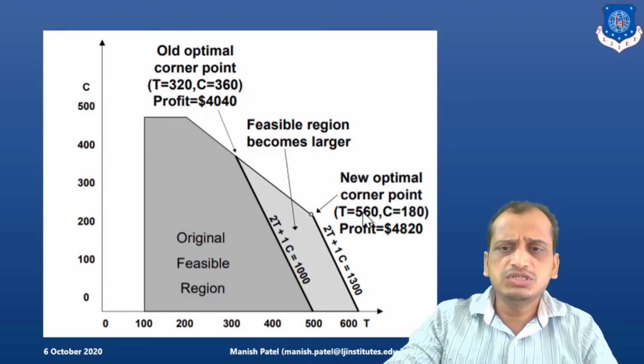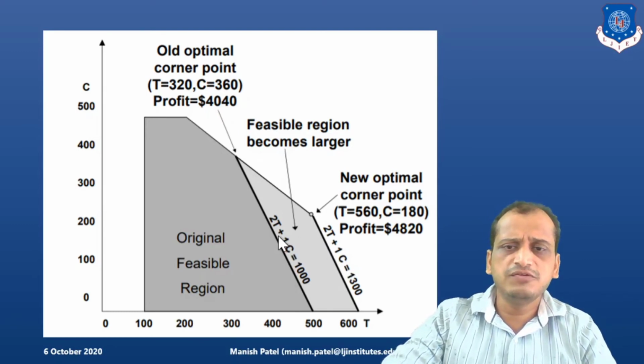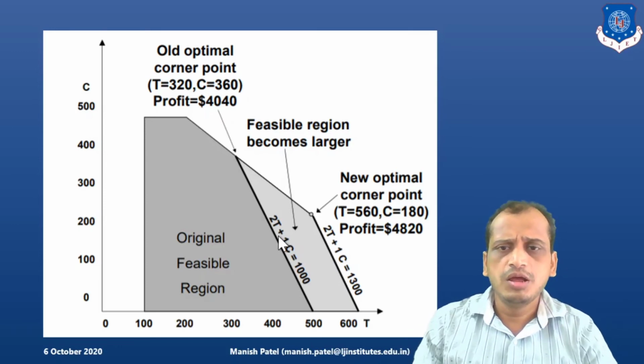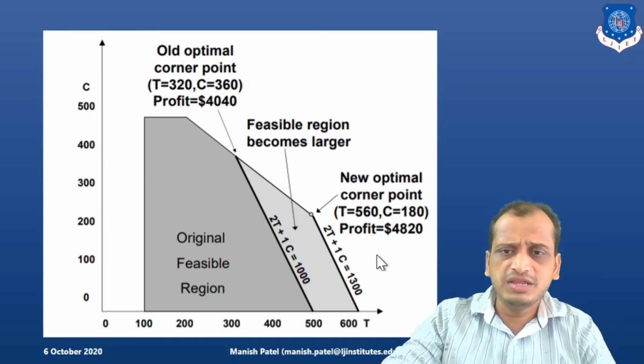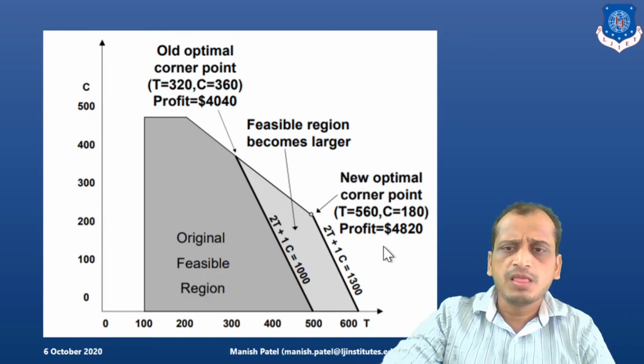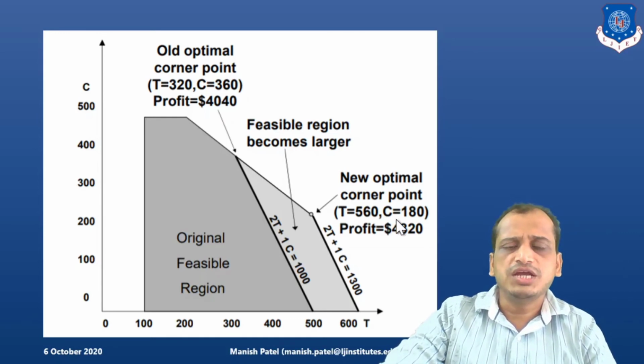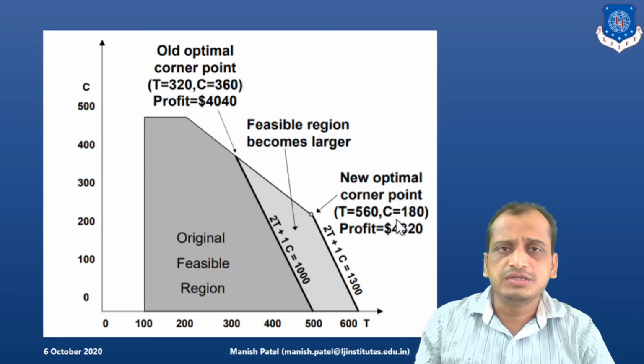Now here if you see, we have increased this constraint line from 1,000 to the new constraint line of 1,300, and definitely the feasibility region has increased, right? But the slope has not changed. Clear? The new optimal corner point has table quantity at 560 and chair at 180 units.